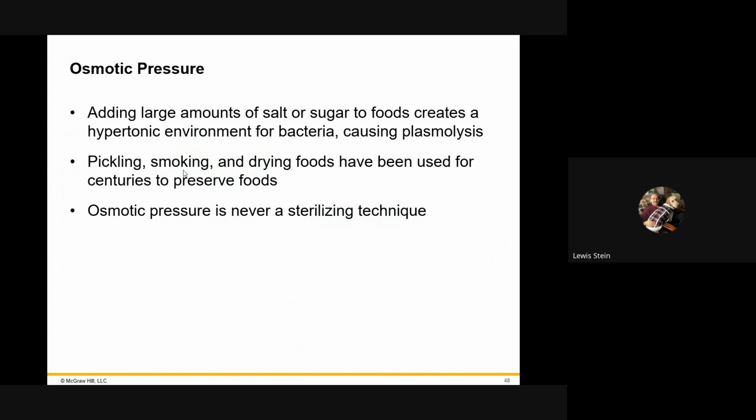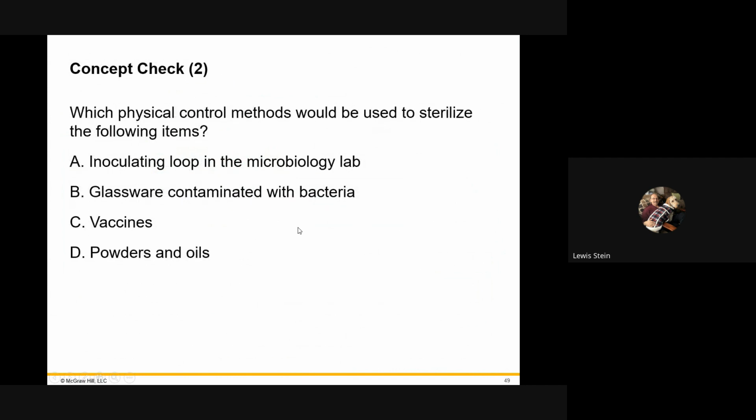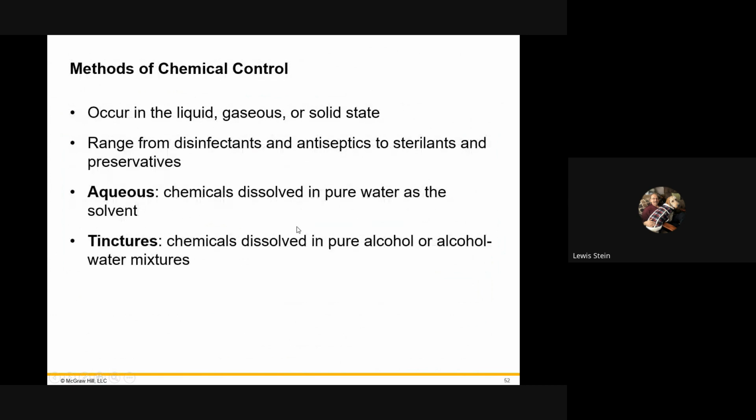They will cure it with salt and dill and sugars, and once that's done, they will smoke it. Depending on the temperature, it'll take a certain amount of time, and a lot of people consume that. Smoked fish is very popular, depending on the culture. Not everybody, but some. And osmotic pressure is typically not sterilizing at all, and that's really what you need to know about that.